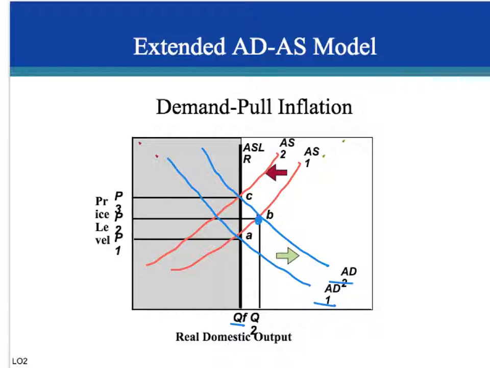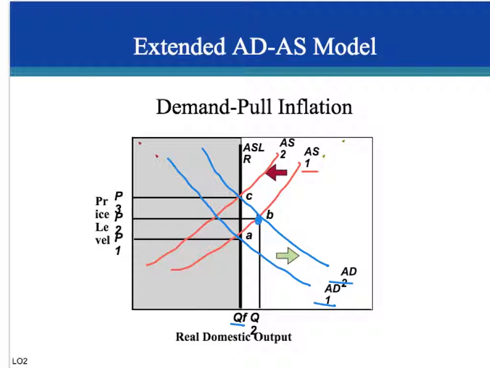and price level has increased. But what's happening though is with a higher price level is that there is an upward pressure on input costs. So eventually wages will have to rise and the price of the other inputs will have to rise as well because of the ongoing inflation. And so this will shift aggregate supply to the left.